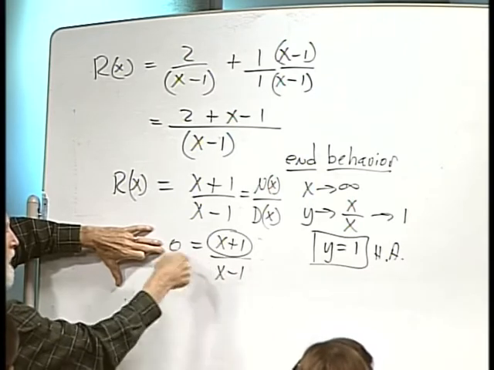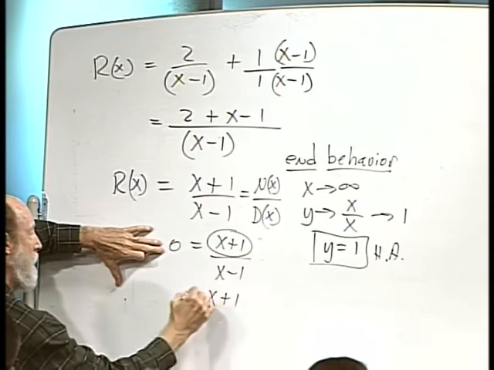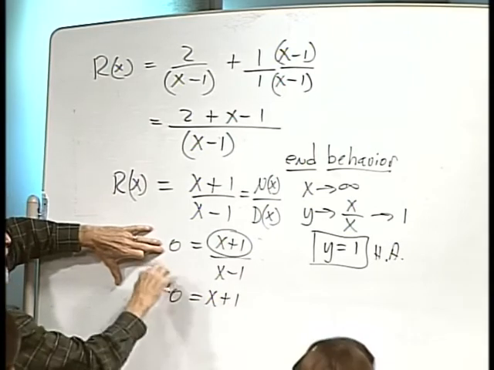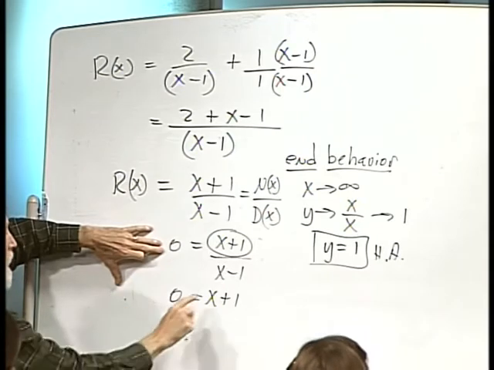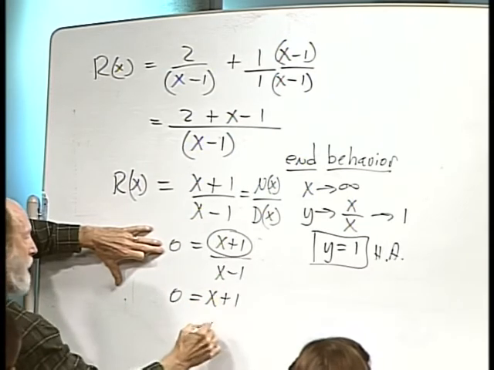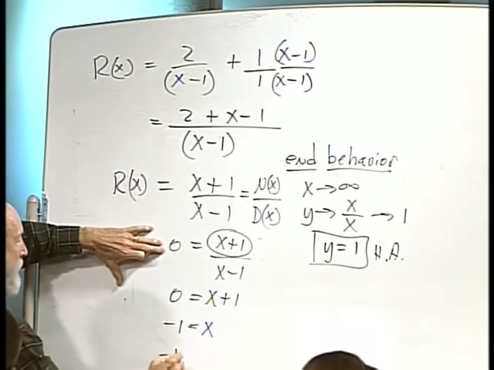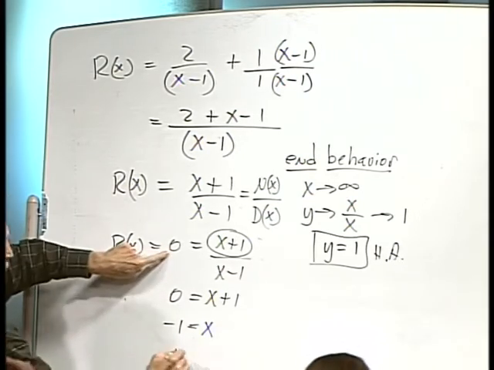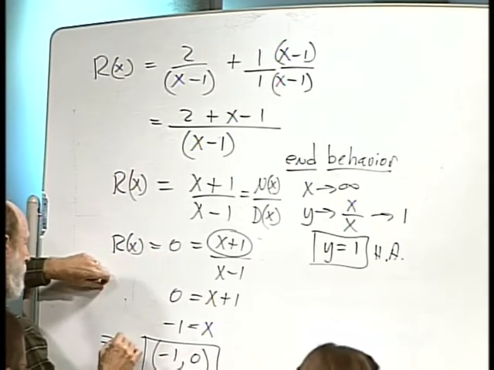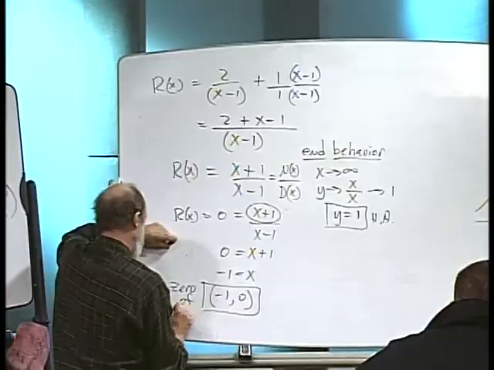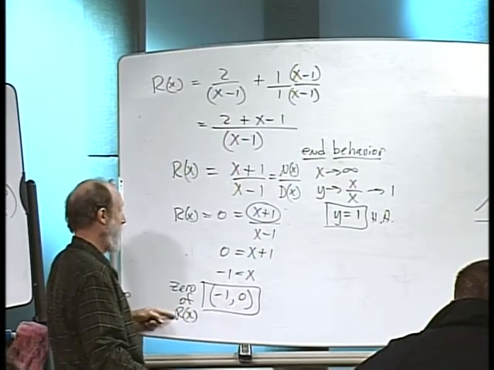Multiply both sides by x minus 1, and you lose the x minus 1. If you multiply both sides by x minus 1, it disappears. And you end up with x plus 1 equals 0, x equals negative 1. Negative 1 if y is 0. There's your 0 of r of x. The 0 of r of x.